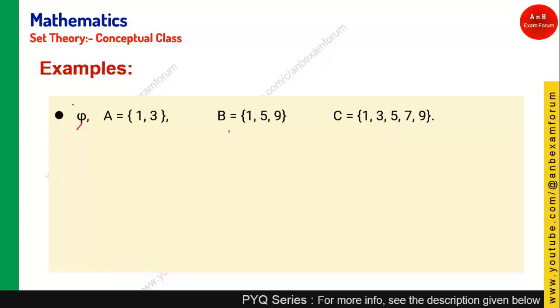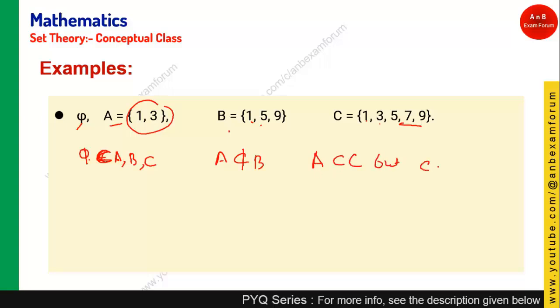As we have already seen, this phi is a subset of A, B, C. Coming to this, 1 belongs here but 3 does not belong here, so A is not a subset of B. Whereas 1 belongs to A and 3 belongs to C also, and there are many other elements, but we are interested in A, so A is a subset of C. But C is not a subset of A. Why?